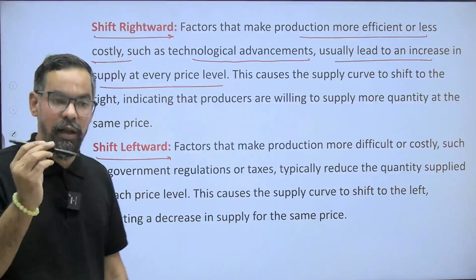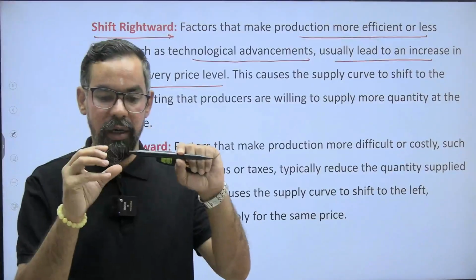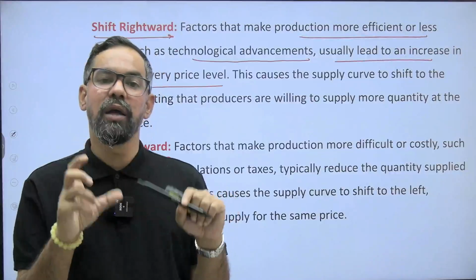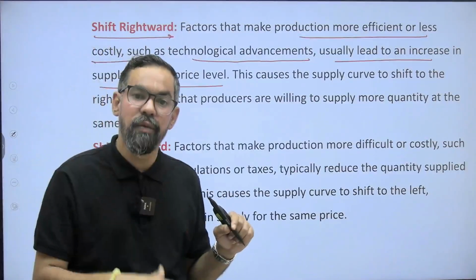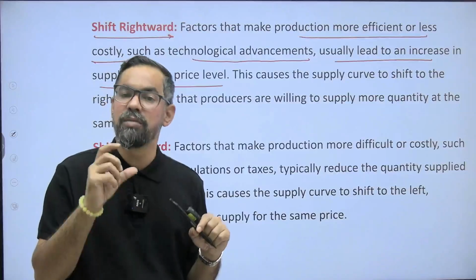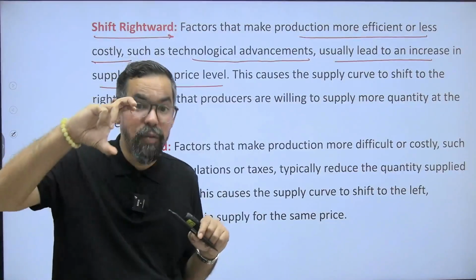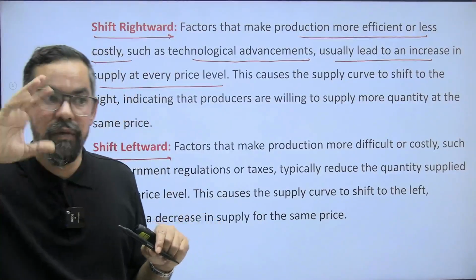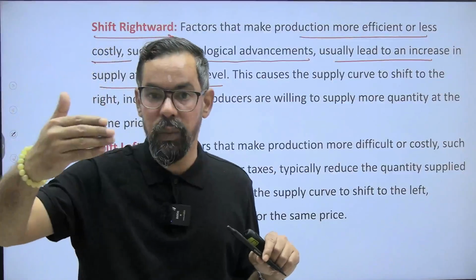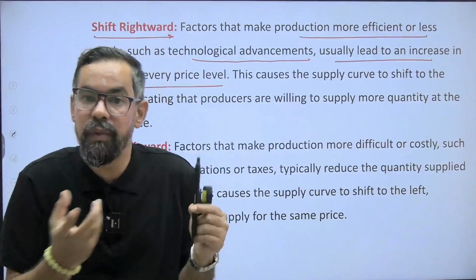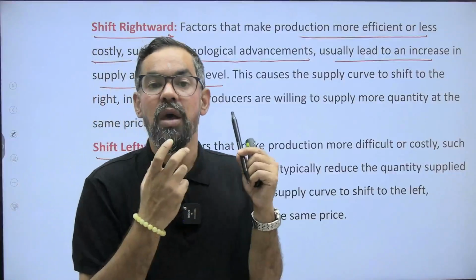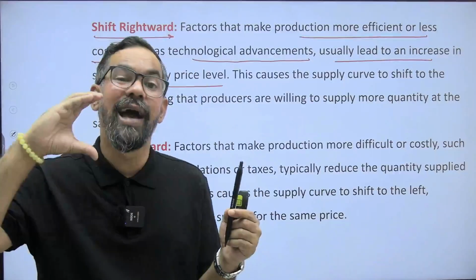Let's say earlier we were using old methods, and to produce one marker the cost is 100 rupees. After a technological advancement, now we can produce this marker at 50 rupees. So our profit margin increases. Earlier we were selling at 120 rupees, so our profit margin was 20 rupees, but now if we can produce it at 50 rupees, there is a gap of 70 rupees.